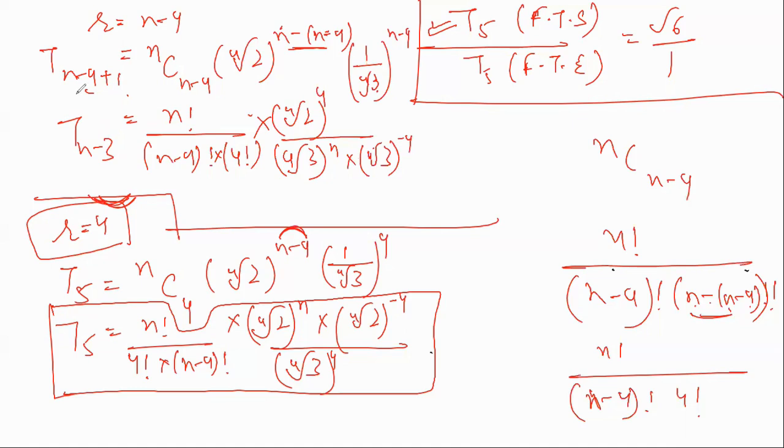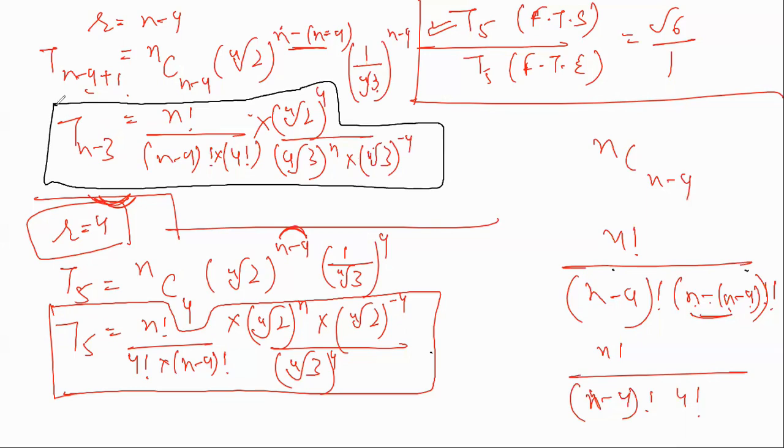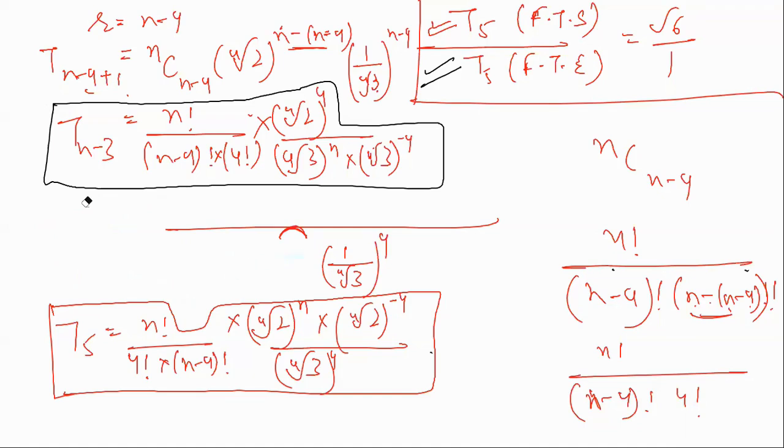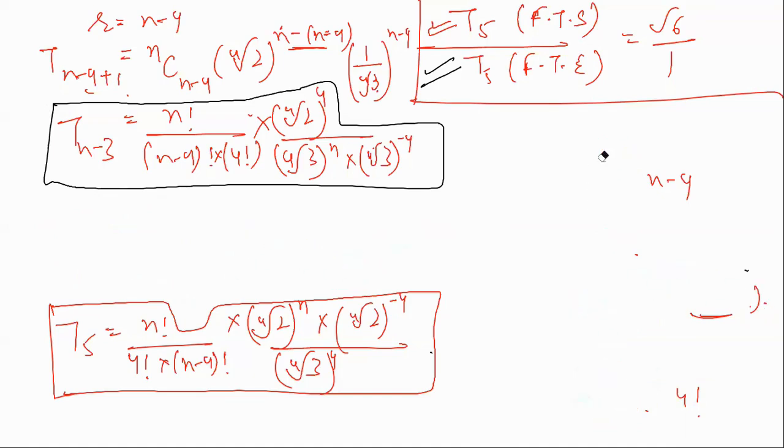Okay. So now we have this one given. We will put the values of t5 from the starting and t5 from the ending. Very nicely and very carefully we have to do the calculation, right?